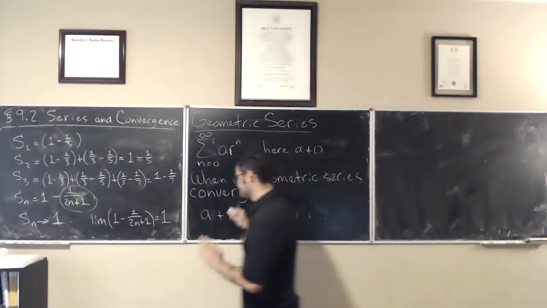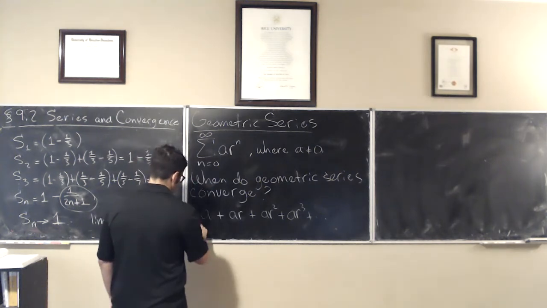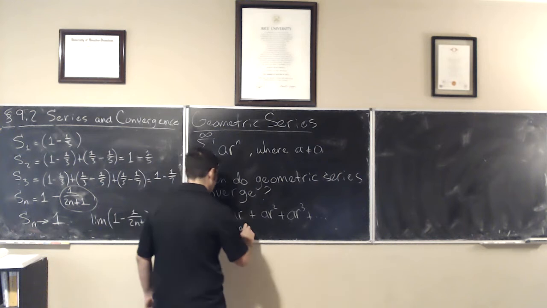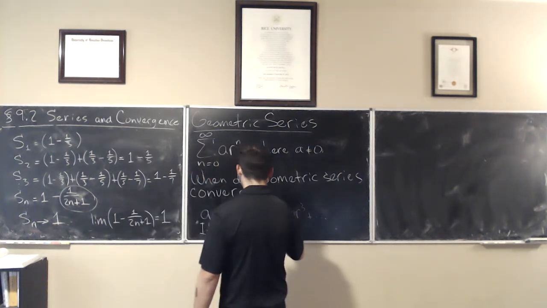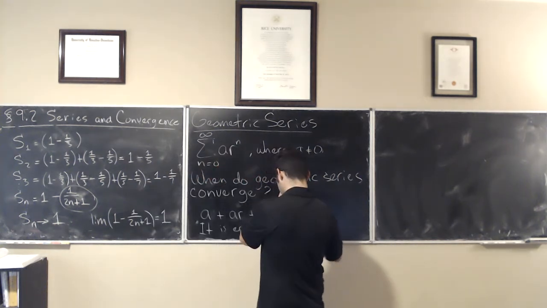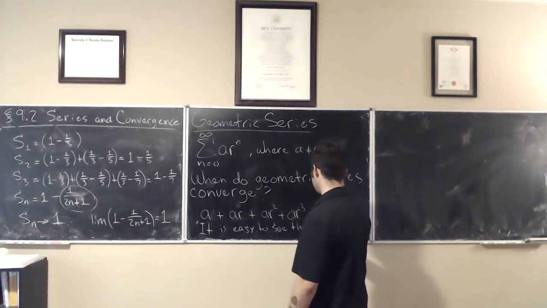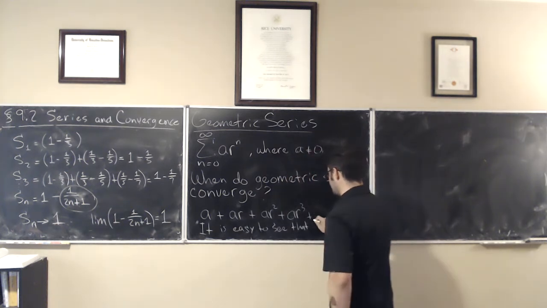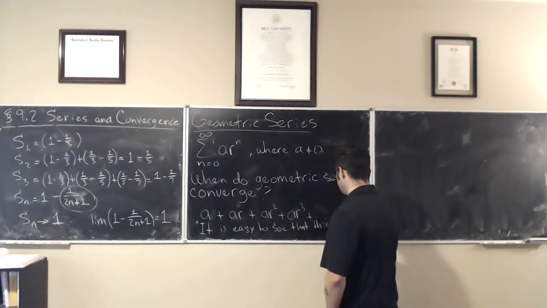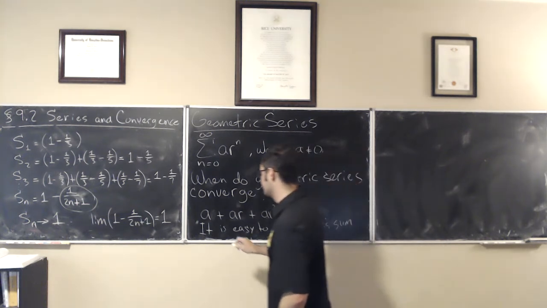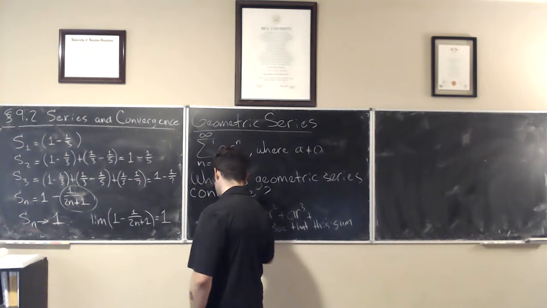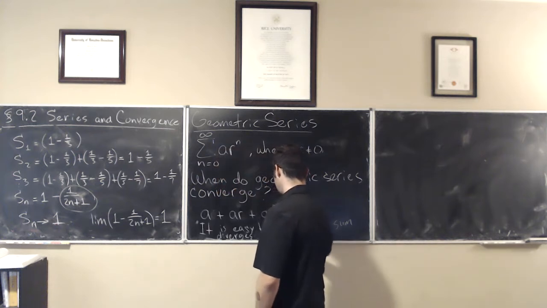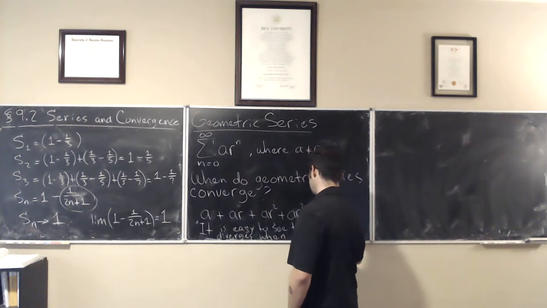So it is easy to see that this geometric series, or this sum, diverges when r is equal to 1.